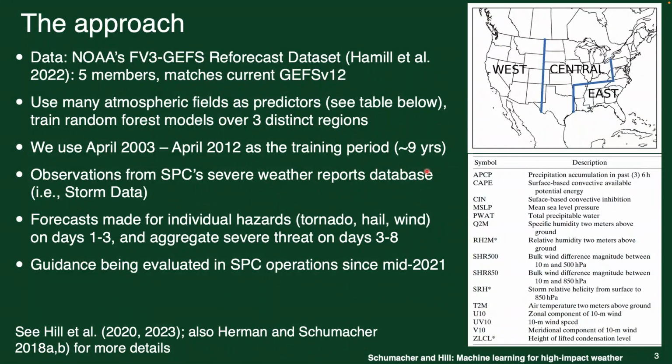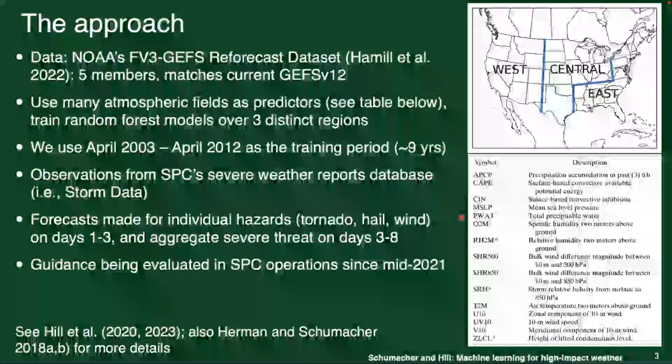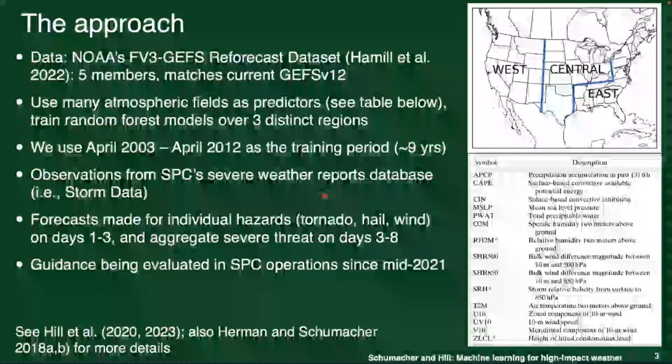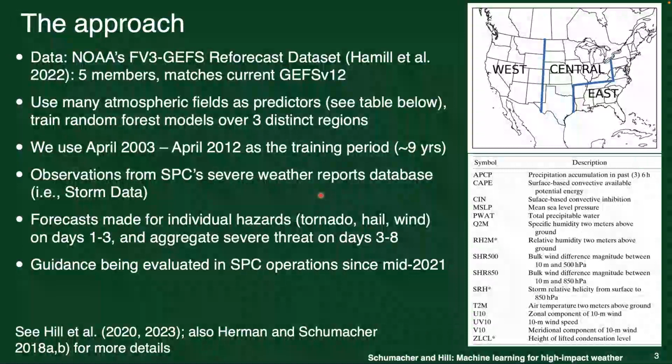We use lots of different predictors, so environmental variables, ingredients type variables, so precipitation, CAPE, CIN, moisture, wind, shear, et cetera. And then the training data set is the SPC severe weather data set for that same period.